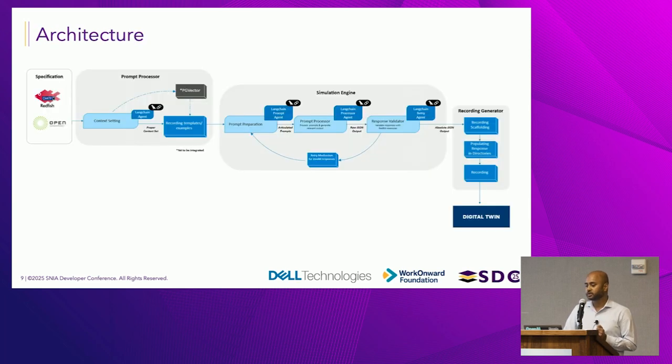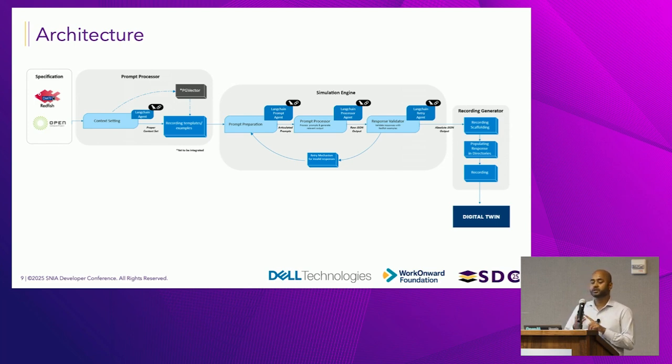Now let's look at the architecture, and how exactly we are going to accomplish this. Before that, I want to set a benchmark: think of it that you are given a specification, and your task is to perform everything from a simple natural language prompt.